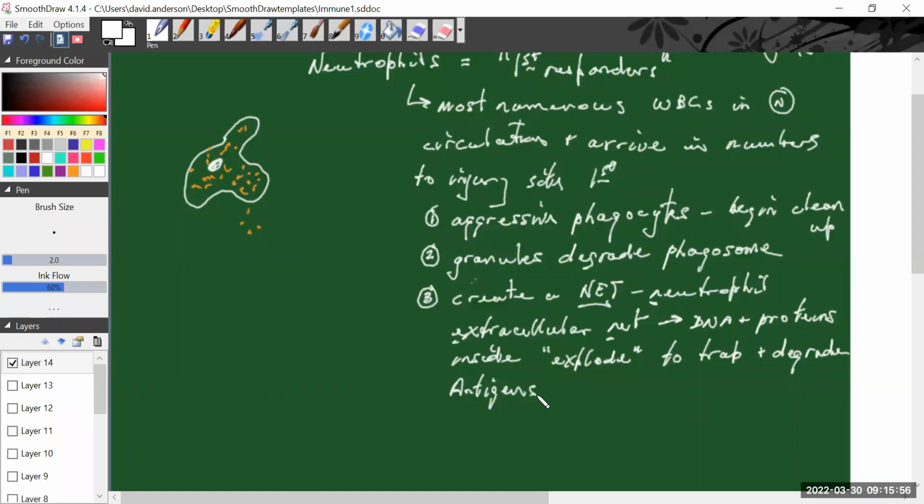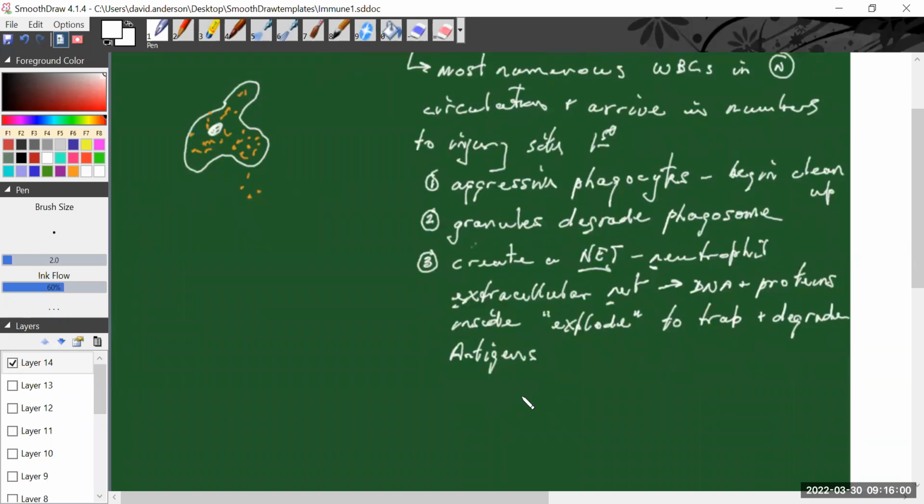So the source of the problem: virus-infected cells, bacteria that got in. If it was an injury that was caused from an open wound, then there's going to be bacteria brought into that wound by either the surface of the skin or the content of the soil, for example, if you cut yourself on the ground, that sort of thing. And the other thing just to be aware of generally, which isn't a major thing, is that they act in groups.